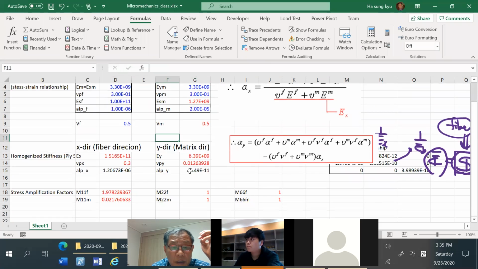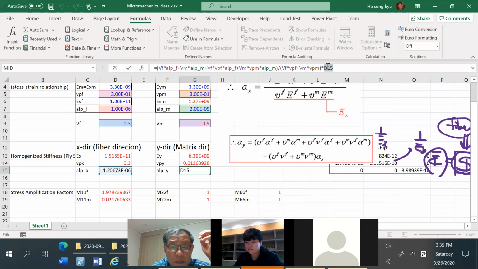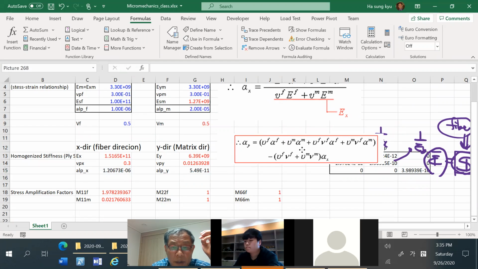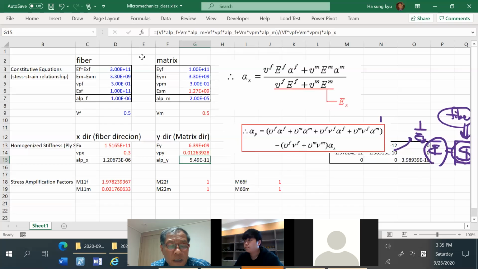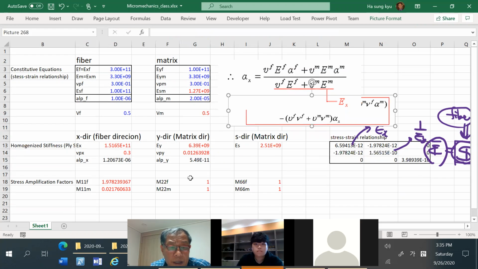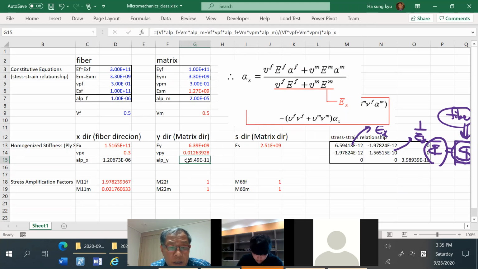Okay. Now this one is this one. Well, again, you know, it takes some derivation. It takes some steps to derive. You need to understand at least once, but as a final, you can just keep using this equation. And as you can see, fiber directional CTE is smaller than alpha x.